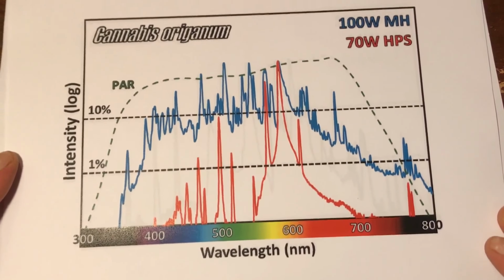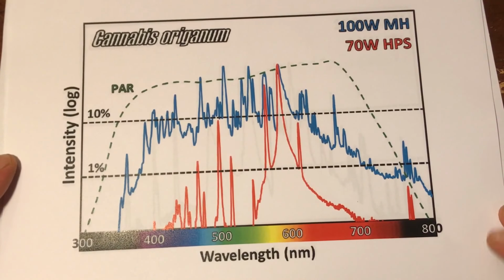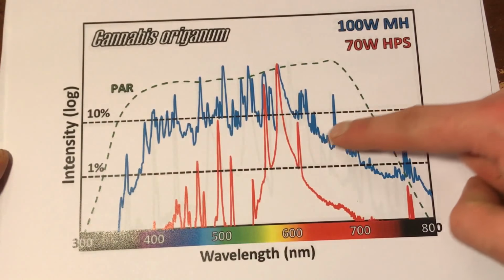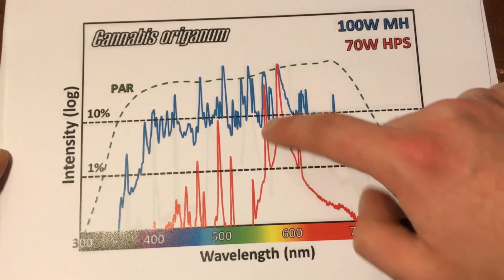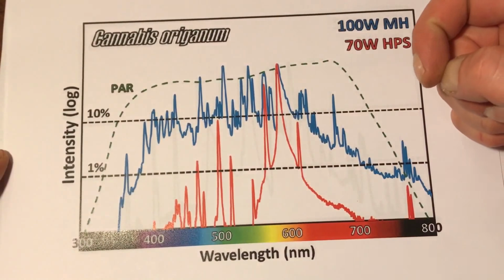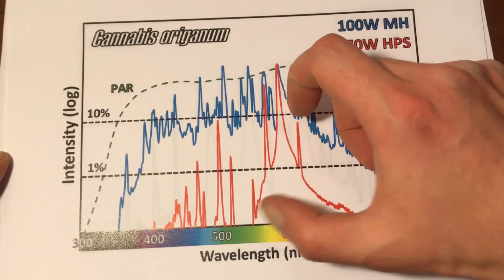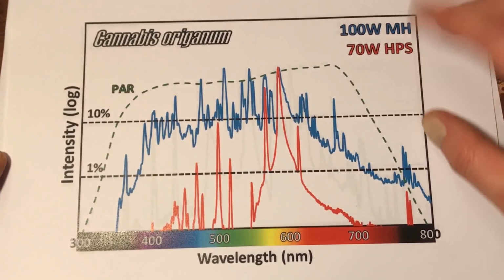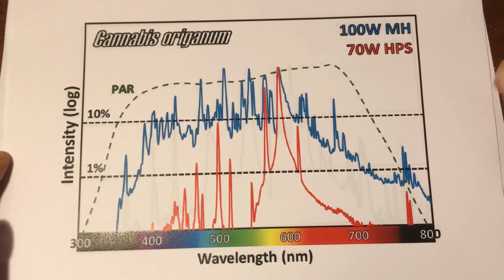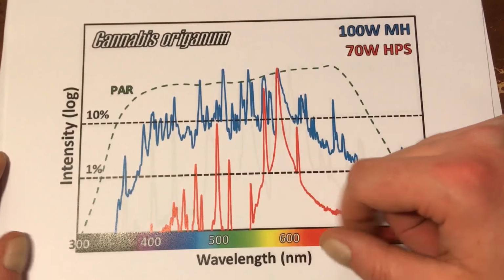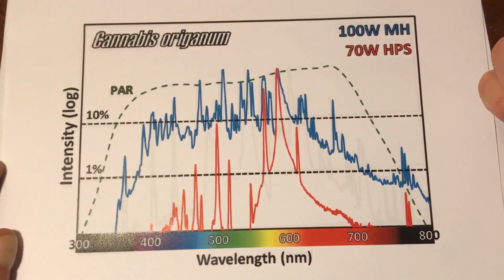And so here's comparing the metal halide to the HPS, and you can see that significantly less intensity is in both of these regions, and in the middle here as well. The one big peak it has here at 600 is the only thing HPS really has going for it. But again, these aren't grow lights, these are just regular lights, so there might be HPS out there that look better.